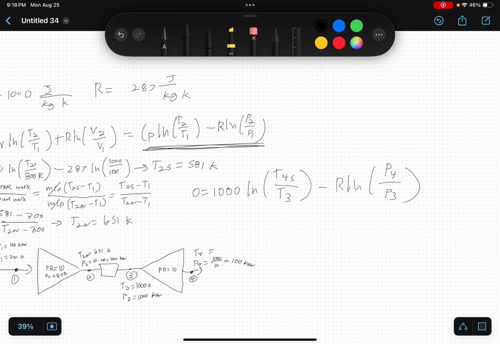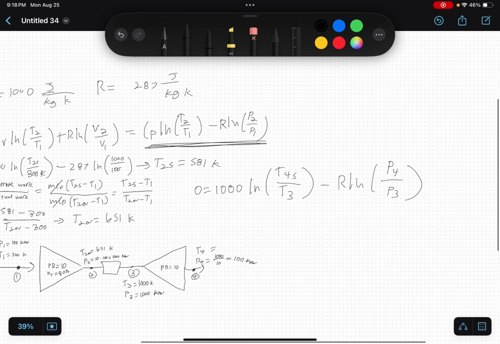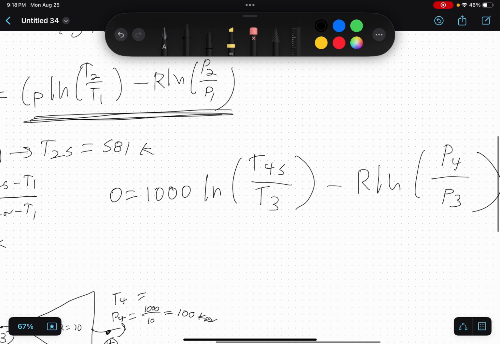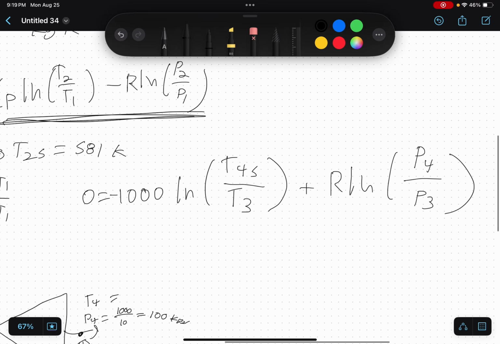If I swap them, no, it doesn't matter, because if it's swapped, effectively you could just bring out a negative in the front. So a negative would swap to a positive, and then you could move this whole thing to the other side, and then you'd go back to positive and negative.